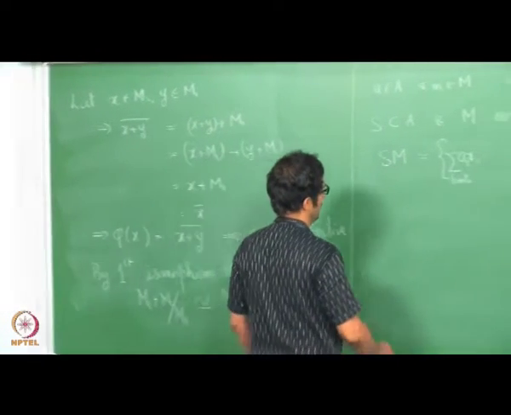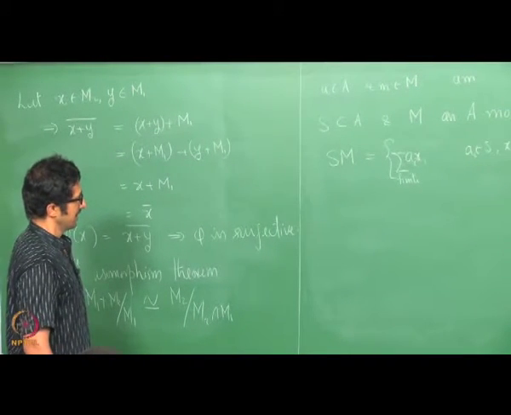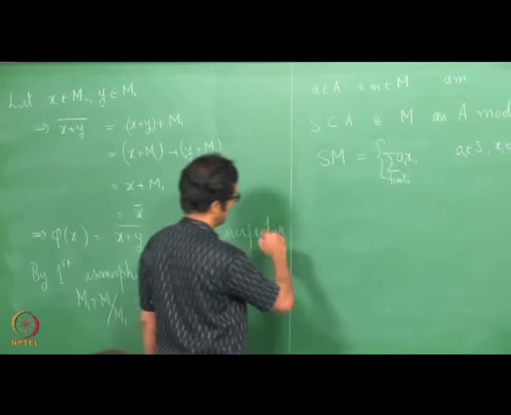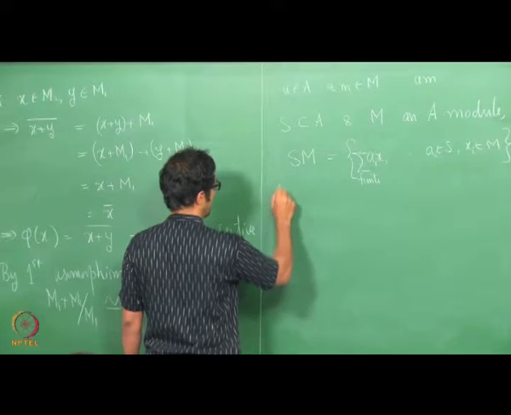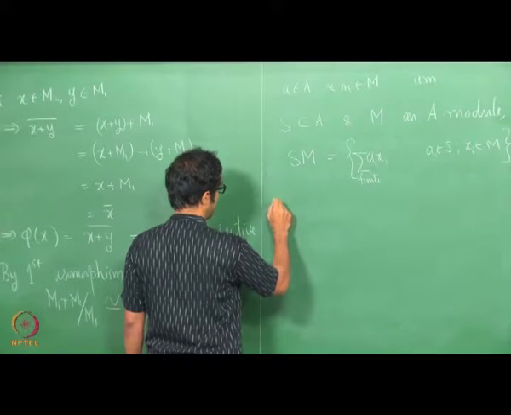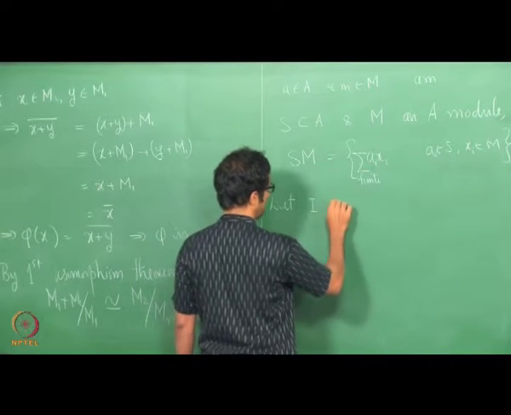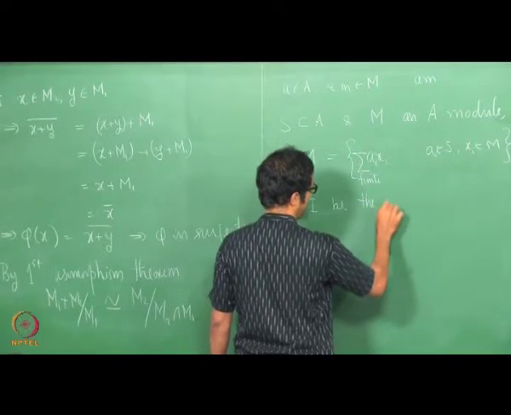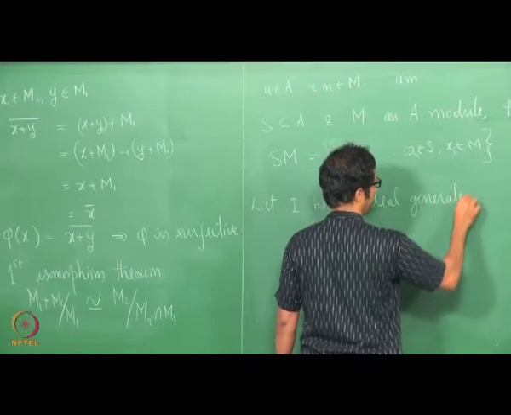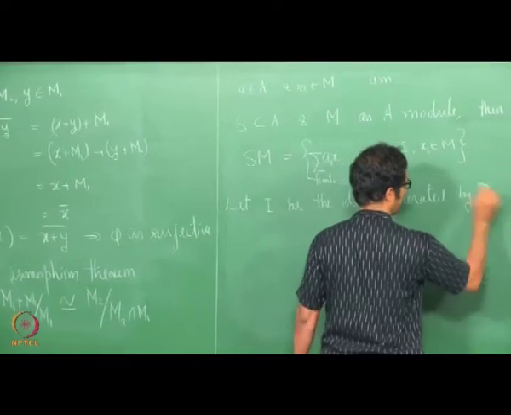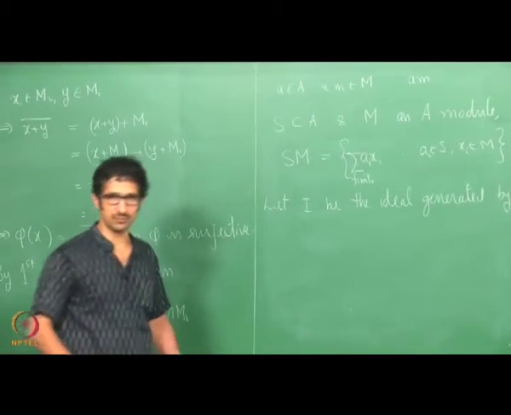A small observation in this case: let I be the ideal generated by S. What does that mean?